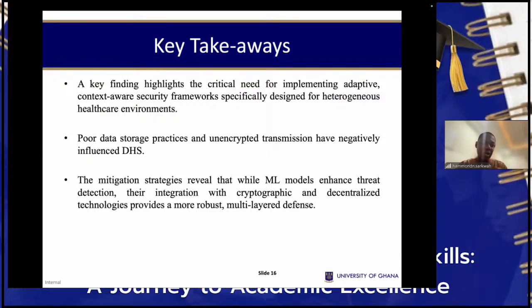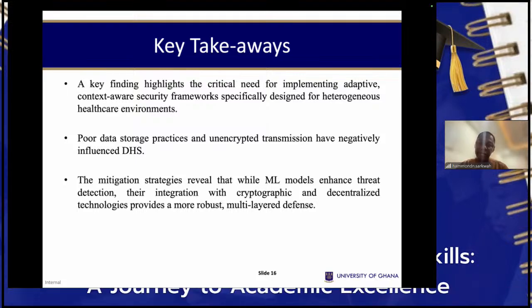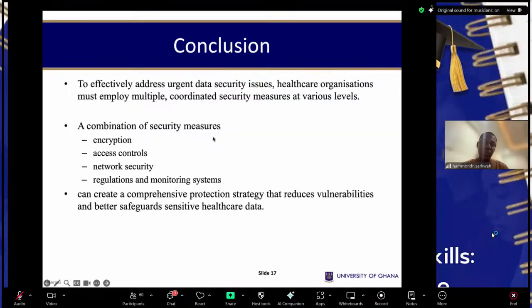To mitigate this, we talked about machine learning models for enhanced threat detection. We can talk about SVM, which helps us in intrusion detection, and random forest, which helps us in prediction. Their integration with cryptographic and decentralized technology provides a more robust, multi-layer defense. So we are not talking about only one defense; there is a need for us to combine multiple strategies in order to address the healthcare data that we are talking about.